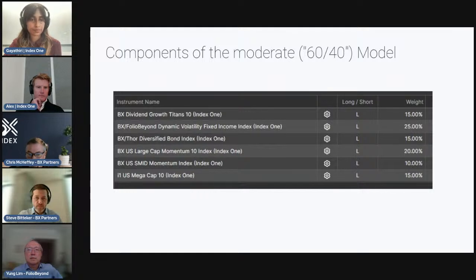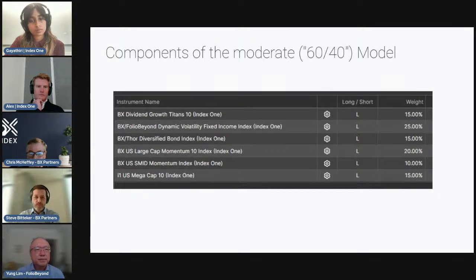The dividend growth Titans 10, you can think of that as the 10 best aristocrats. Large cap momentum 10 is 10 stocks from the mega cap universe that have the best momentum right now. The SMID momentum index gets you your small and mid cap exposure, and then the mega cap index is kind of your keep it in the fairway kind of play. And you put all these together to get that kind of outcome that we were talking about.